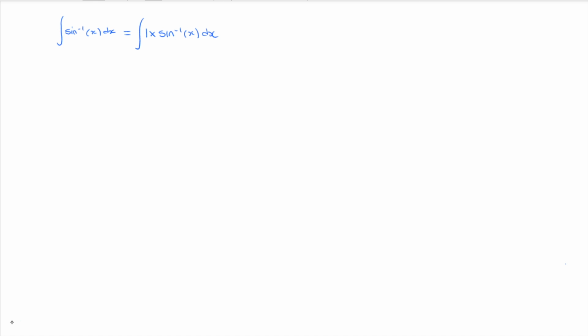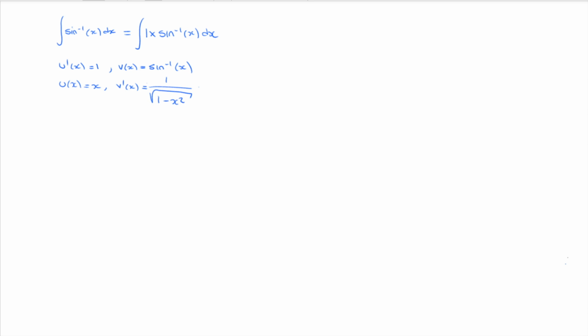And now we go ahead and use integration by parts. Let's say u dash of x equals 1. Therefore, v of x is equal to inverse sine of x. And so u of x is equal to x, and v dash of x equals the well-known result, 1 over the square root of 1 minus x squared.